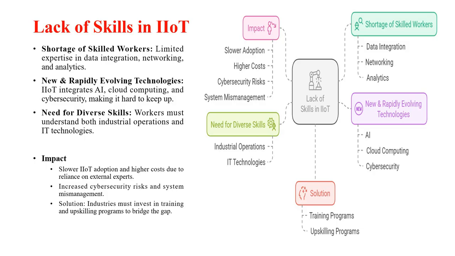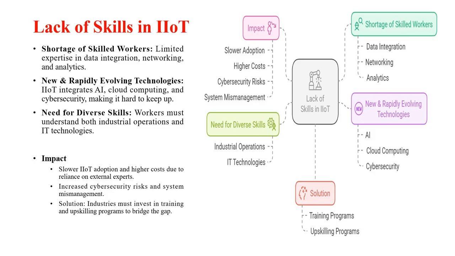So the key reasons for skill shortage are new and evolving technologies. The industrial IoT integrates AI, cloud computing, cybersecurity, and big data, which are relatively new to traditional industrial workers, and the rapid advancement makes it hard to keep up with the emerging trends.